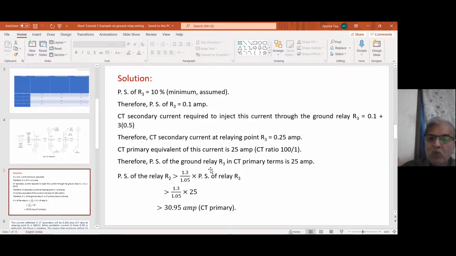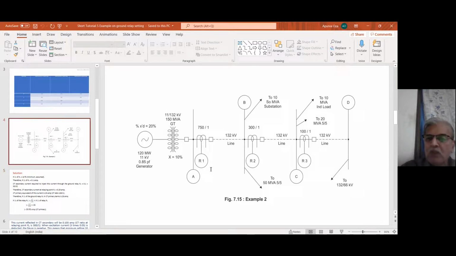If I take that 0.25 to the primary of the 100 bar 1 CT, it obviously becomes 25. Very natural. 1 is 100, so 0.25 is 25. Therefore, the plug setting of ground relay R3 in primary terms is 25.